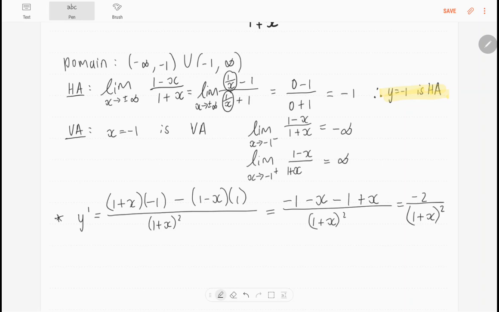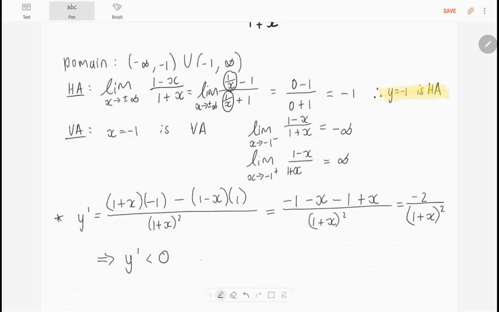So what can we say about this? Well, we see we have a negative number in our numerator, and the value in the denominator will always be positive. So we have a negative divided by a positive. So we can see that our first derivative is less than 0.